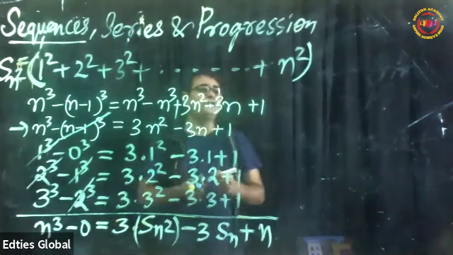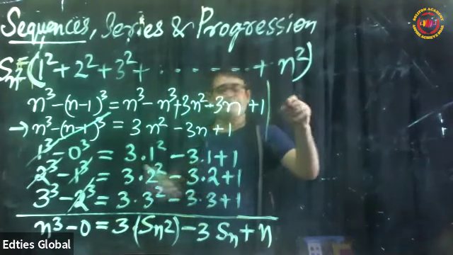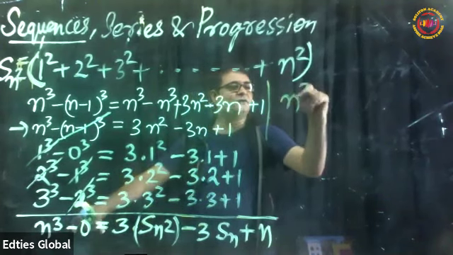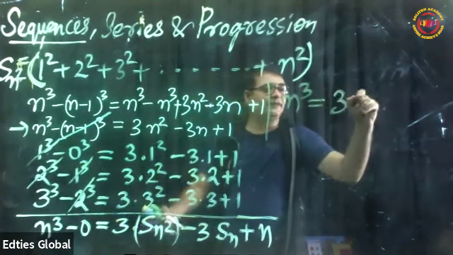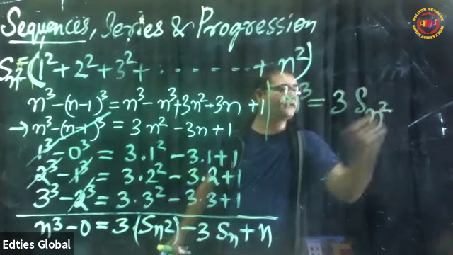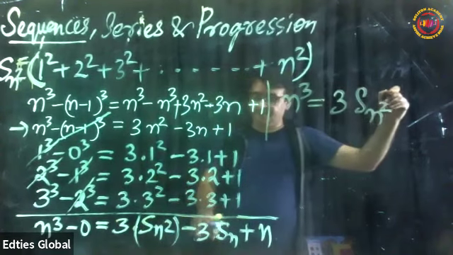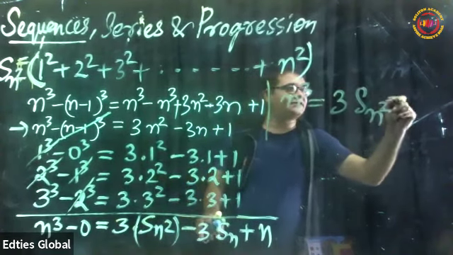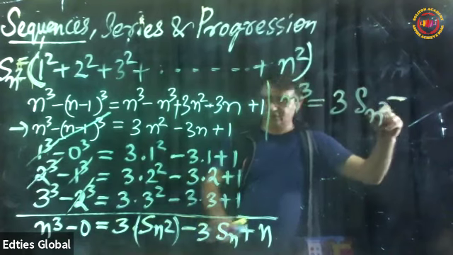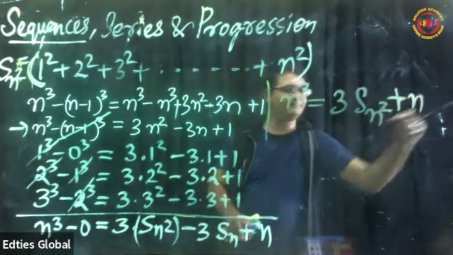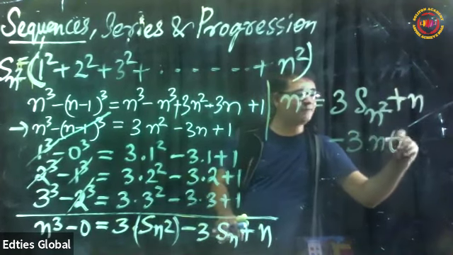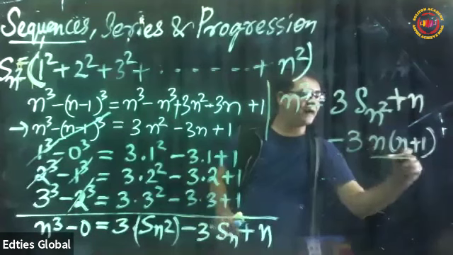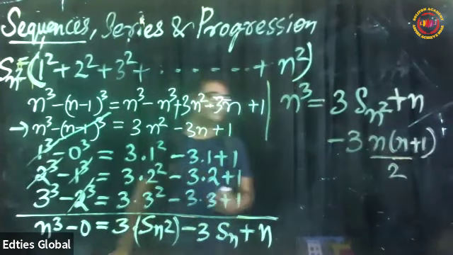Now we know we are in business, because we did a lot of hard work and we got this formula: 3 times the sum of the squares of the natural numbers, minus 3 times n into n plus 1 by 2, equals n cube minus n.